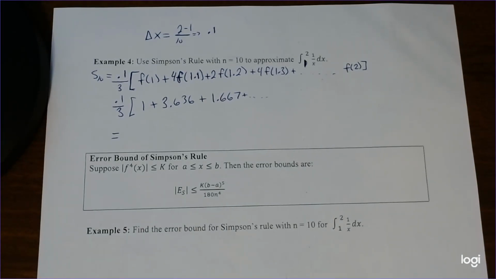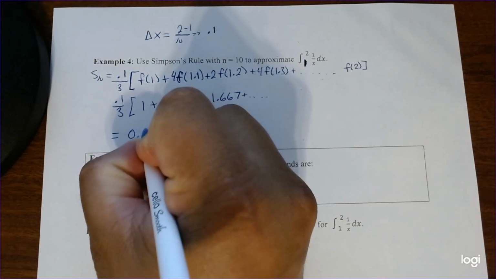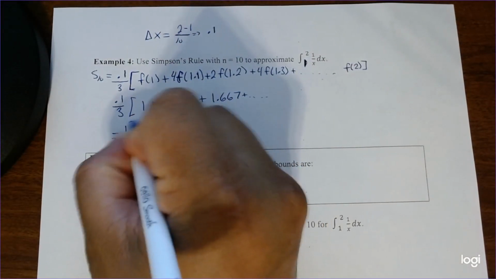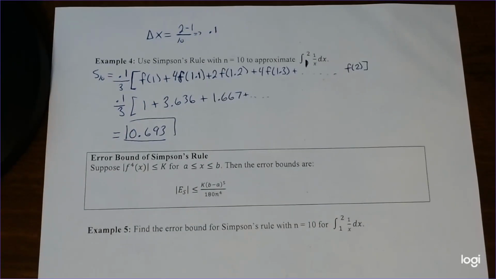All right, so then adding it all up and dividing by this portion here gives you approximately that as its area. And there we have it.